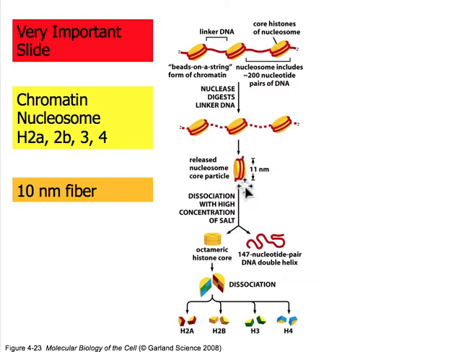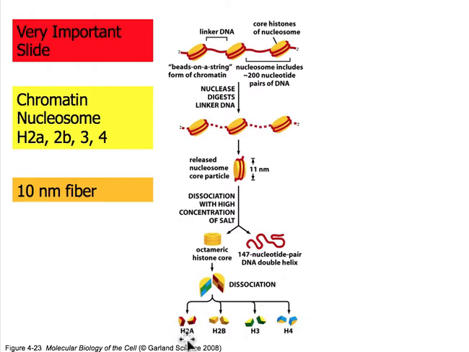Using other techniques, the scientists were able to remove the DNA from the nucleosome and determine the size of the DNA fragment, which turned out to be 147 base pairs in length. The remaining particle, the nucleosome itself, was further disassociated using additional techniques, and its structure was determined to consist of 8 subunits.